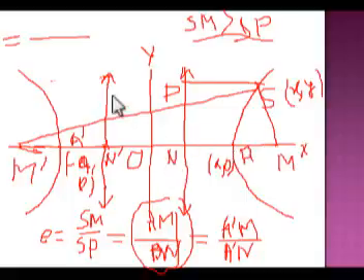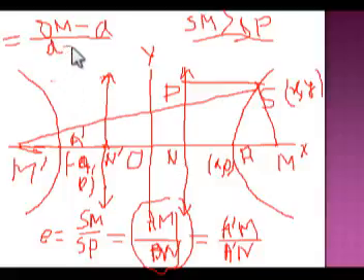So OM minus OA equal to A, we have already taken. And in the denominator, AN will be OA minus ON. OA is A, so A minus ON.